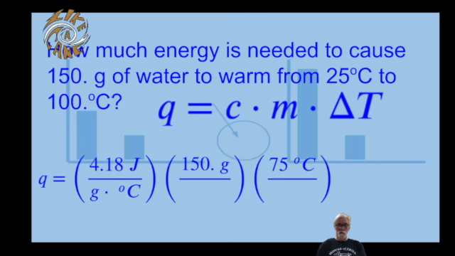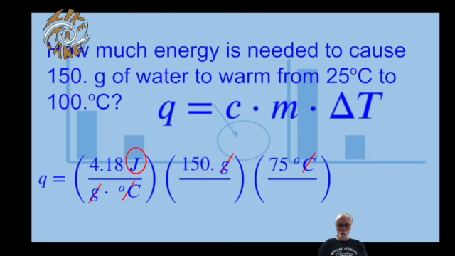For water, 4.18 joules for every gram for every degree C is the heat capacity. We had 150 grams, so that's the mass. And from 25 to 100 degrees C, that's 75 degrees C, so that gives us our delta T. And when we do our arithmetic, grams and degrees C are going to drop out.